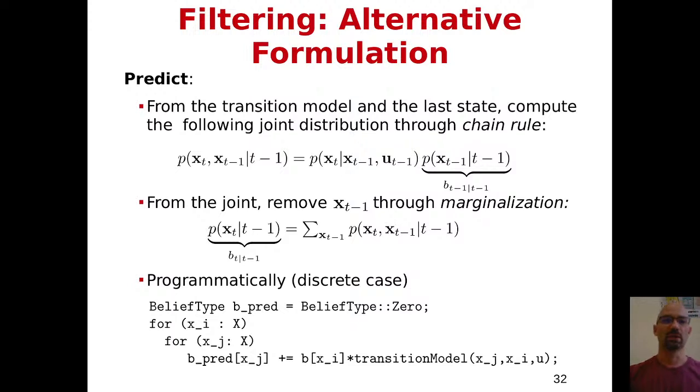Now if you want to see it this way, we perform a chain rule over here to determine the joint distribution between the current and previous state. And after we have the joint distribution between these two variables, what do you do in a joint distribution once you want to remove a variable? Well, you do marginalization.